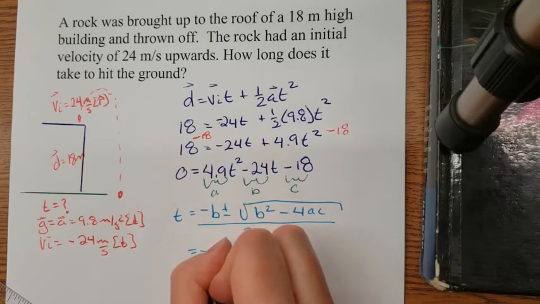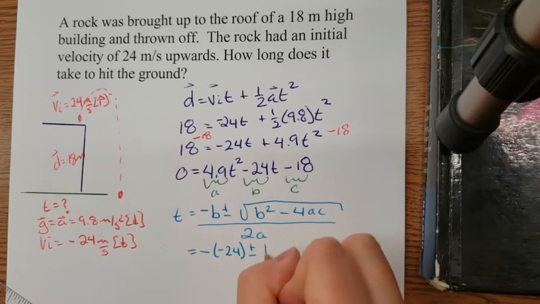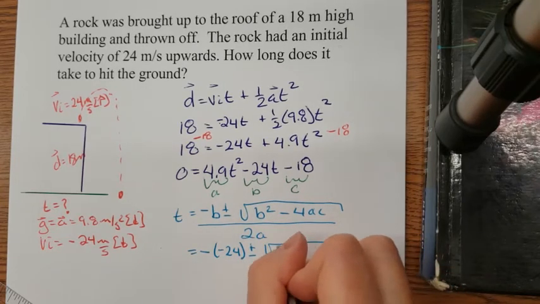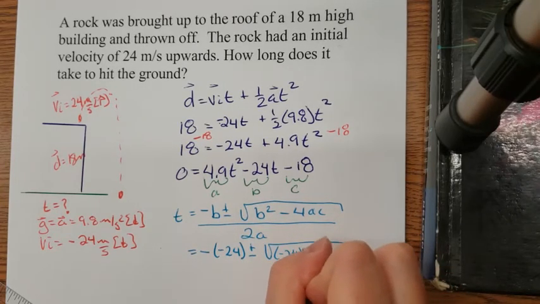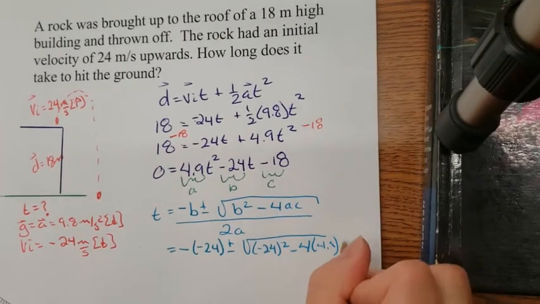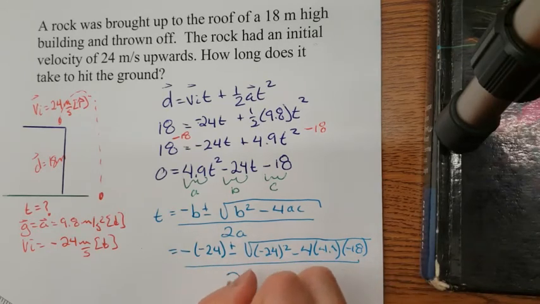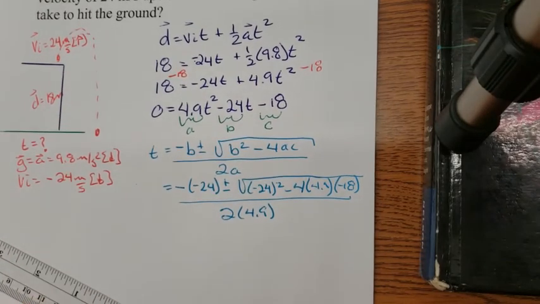So we have minus 24 plus or minus the square root of negative 24 squared minus 4 times my a, which is 4.9, times my c, which is negative 18, all over 2 times 4.9. Just gonna move this up a little bit so you can see the math.